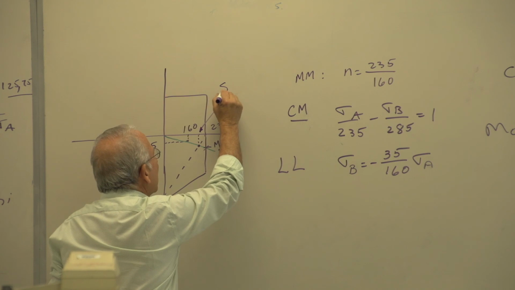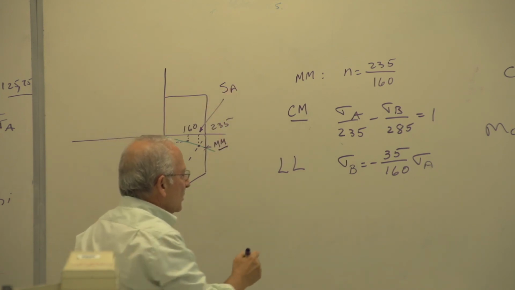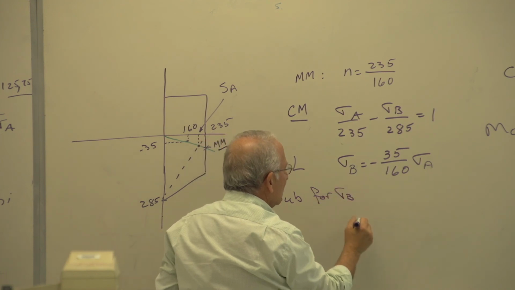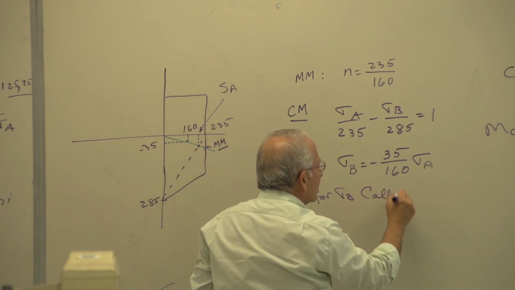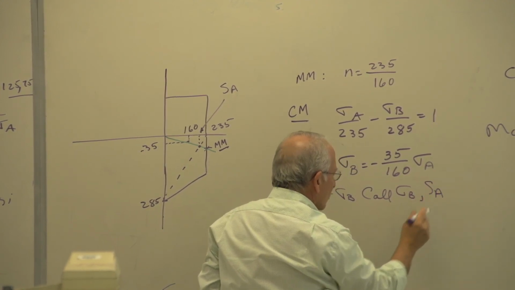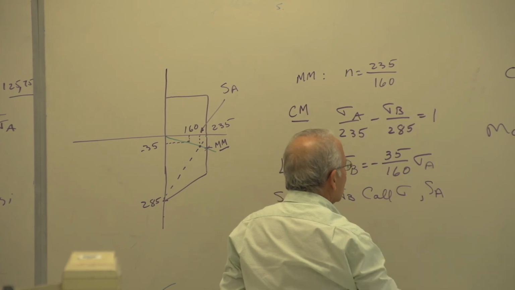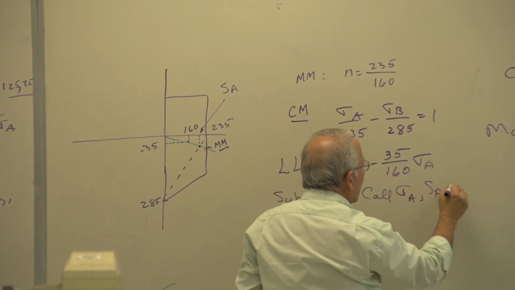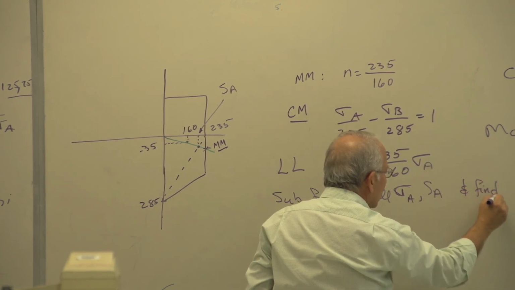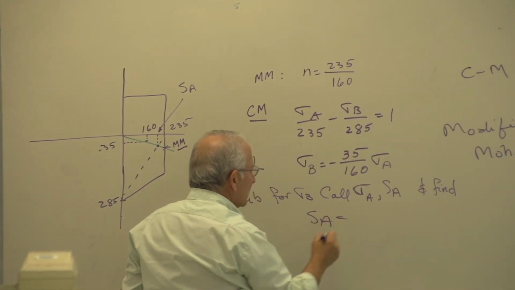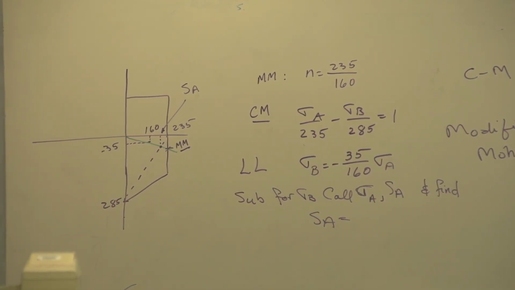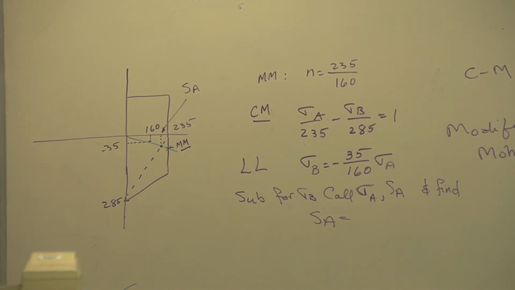I'll call it SA. So, substituting for sigma A as SA and sigma B from the load line, SA is equal to 199.1.